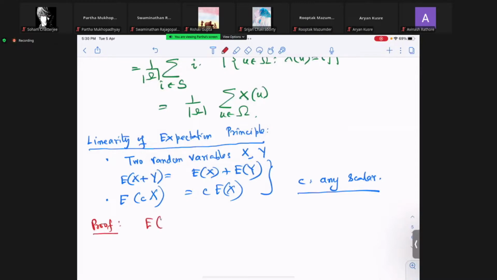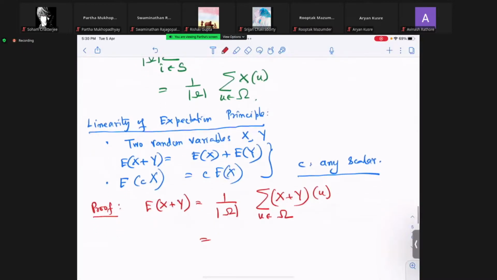Because what is E of X plus Y? Just use this formula, 1 over the size of the sample space times the sum of (X plus Y)(u).